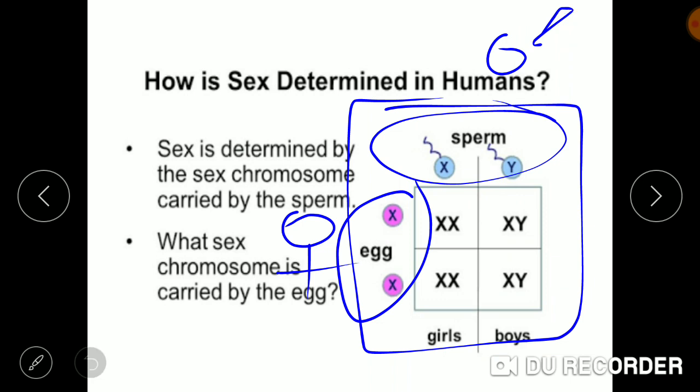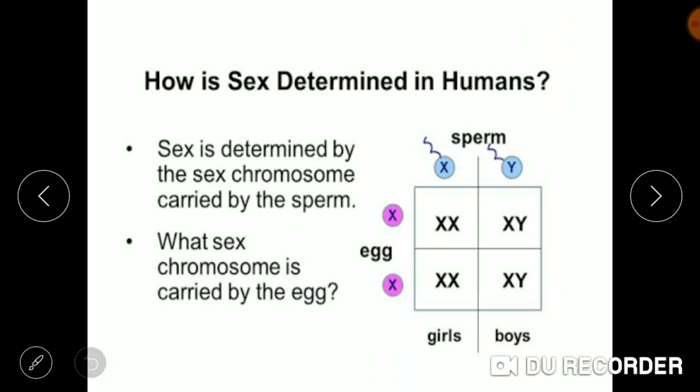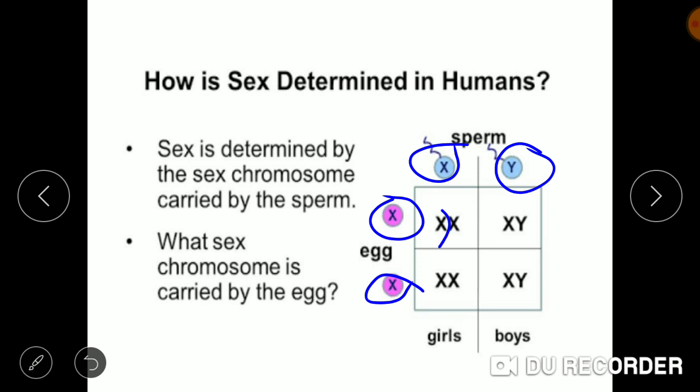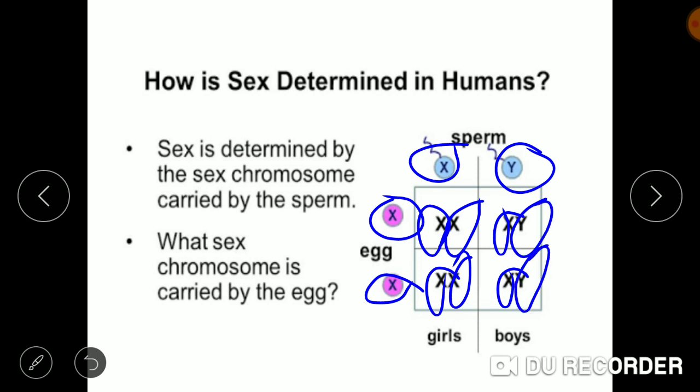Now, one thing to notice over here: the female contains both X, while the male contains X and Y. All the offspring obtained have carried X from the female, and if it carries the X from the male as well, then only it will be a girl, and if it carries Y from the male, it will be a boy.